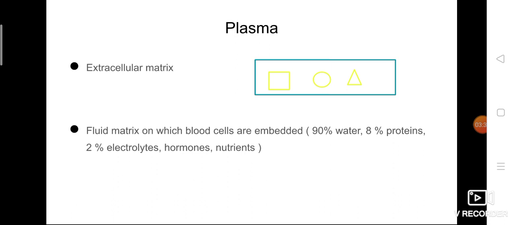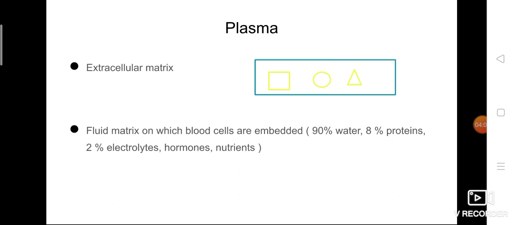So the cake is the plasma, and the remaining things, that is cashews, pistachios, choco sticks, whatever is decorated on the toppings, they are the RBCs, WBCs, and platelets. So plasma is a fluid, it occupies 55% of the blood, and the other blood components are embedded in this plasma. Hence plasma is called an extracellular matrix. I hope now you understand.